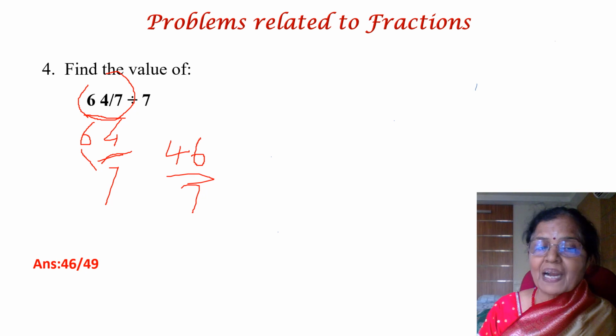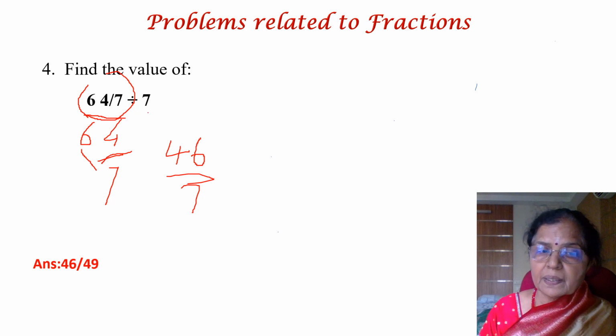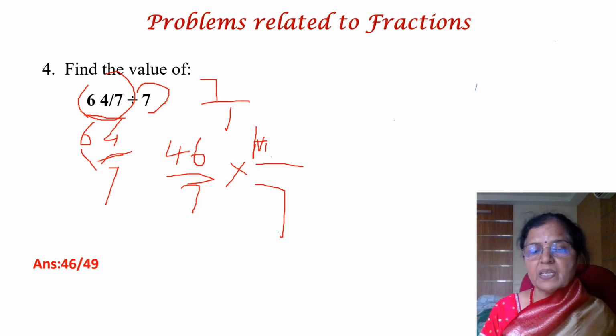Now this is divided by 7. Always when you are going to divide by a fraction, you have to put the reciprocal of it. What is the reciprocal? The number 7 is 7 by 1, but you have to change it. Bring the denominator to the top and the numerator to the bottom. 7 is always 7 by 1, isn't it? 7 divided by 1 is 7.